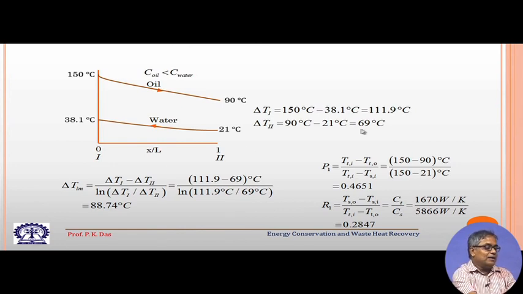With these two values we can get delta T Lm or LMTD, the logarithmic mean temperature difference. This is the very well known formula, and from there we get delta T Lm as 88.74 degree Celsius.